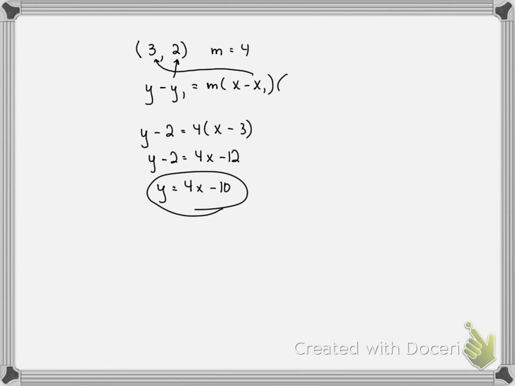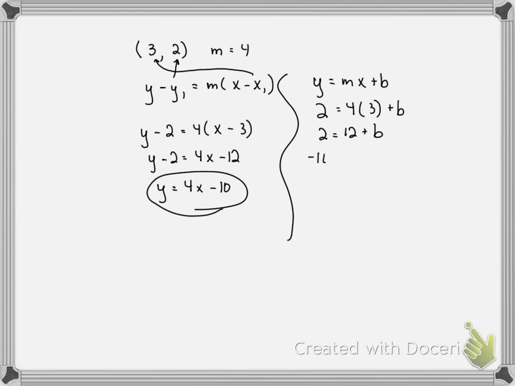Again, we could solve for b. So in y equals mx plus b, the y value was 2, the m value was 4, the x value is 3, and then we're solving for b. So 2 equals 12 plus b, subtract 12 from both sides, and b equals negative 10.